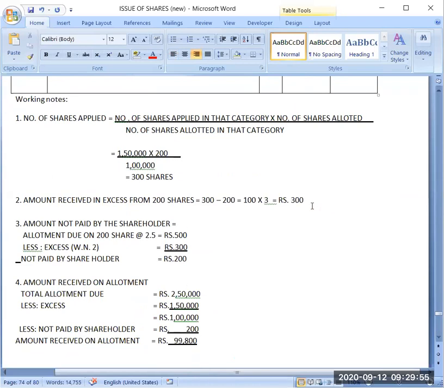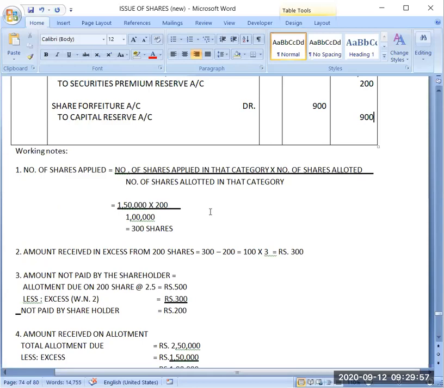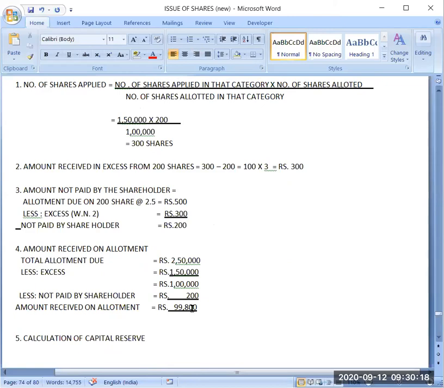You can see these working notes again properly. This I have explained and revised, how to calculate the excess, but you can take help of the table also. In fact, you have to give the working notes in the same manner. So your allotment money due was 500 on 200 shares. You have deducted this excess calculated in working note number 2, so your money not received was 200.